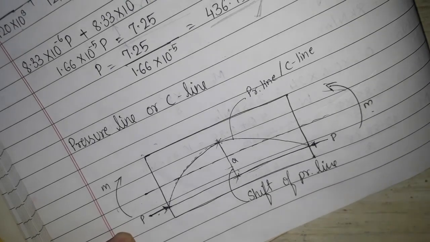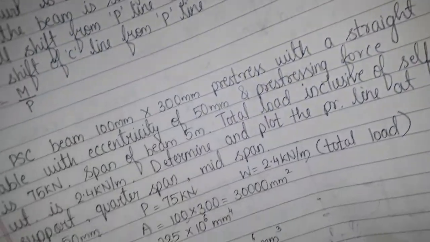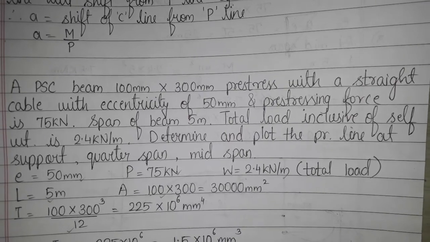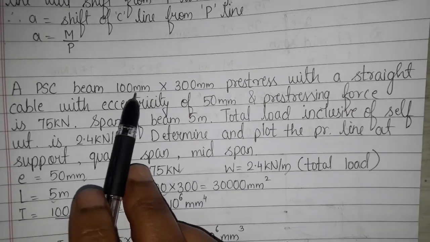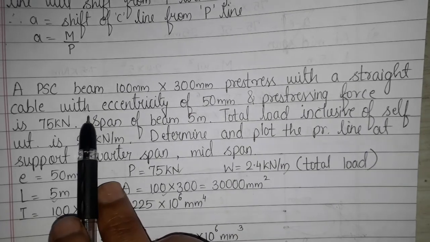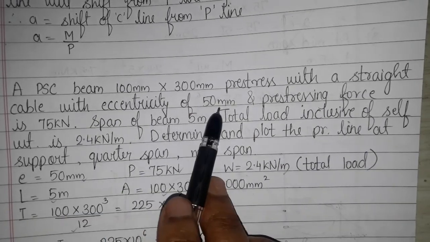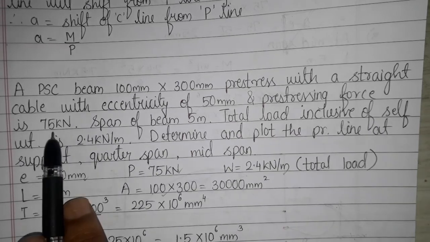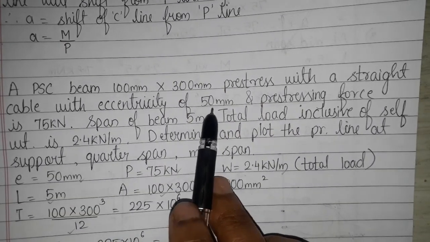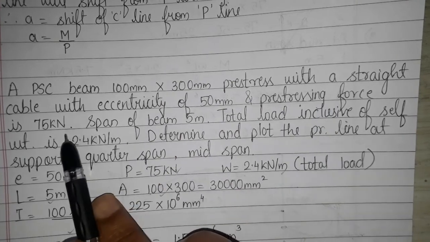Let us take a problem, and when I solve it, you will understand very easily. The statement of the problem: a PSC beam 100 mm by 300 mm is pre-stressed with a straight cable with eccentricity of 50 mm and pre-stressing force of 75 kilonewton.